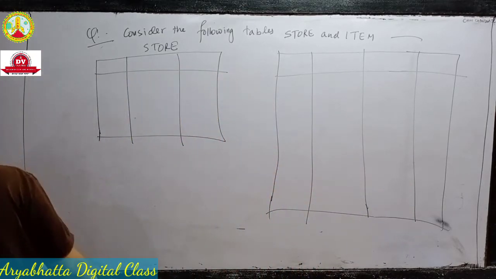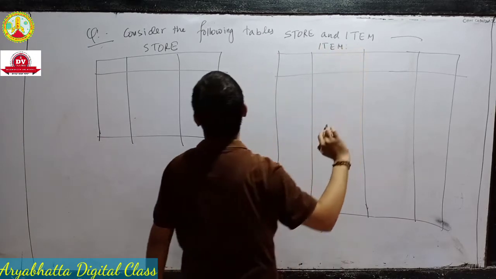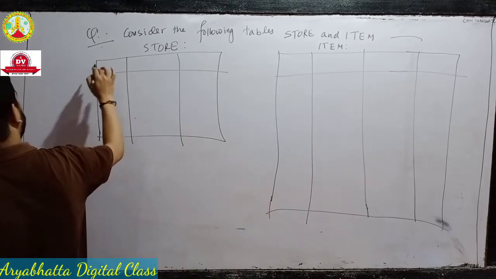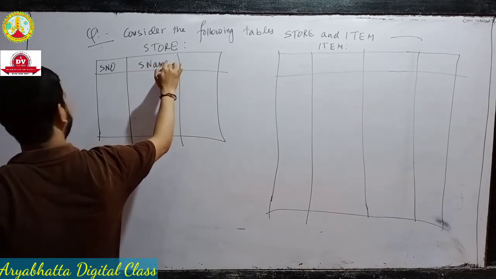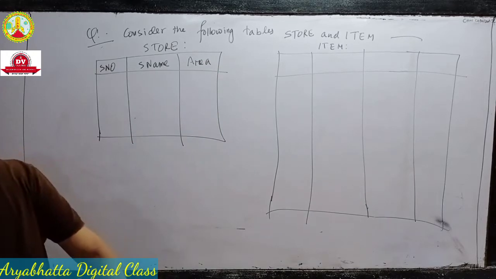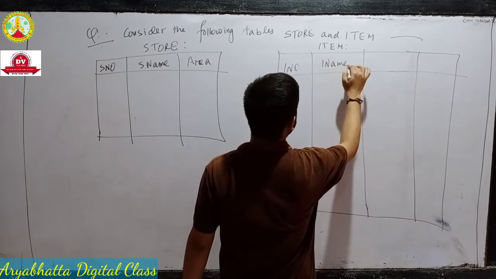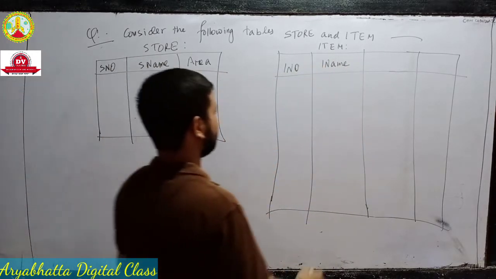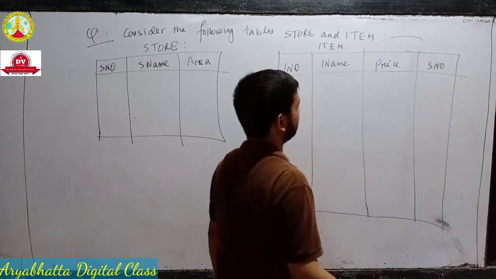In the store table, you see the serial number, store name, and area. In the item table, there is item number, item name, price, and serial number.